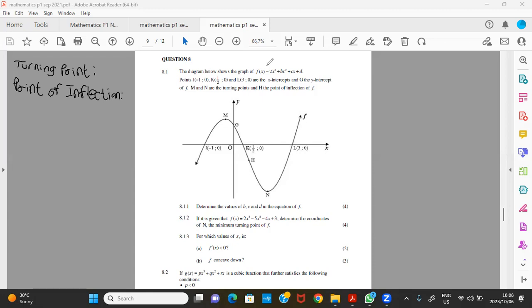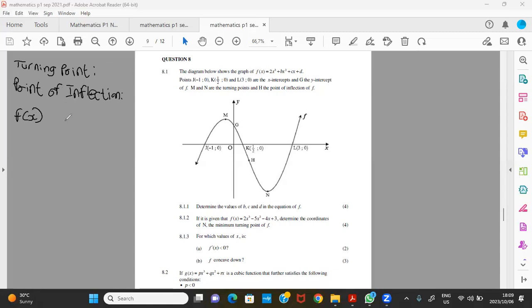Okay. What about the turning point? There should be a maximum and a minimum. Okay, so you have an idea. Now we are dealing with our graph of f.